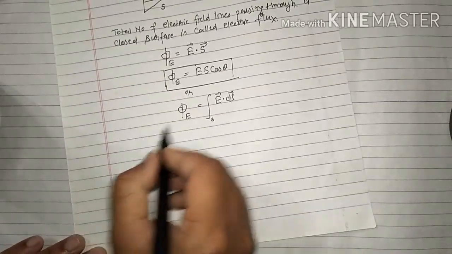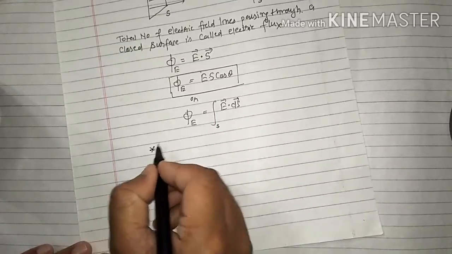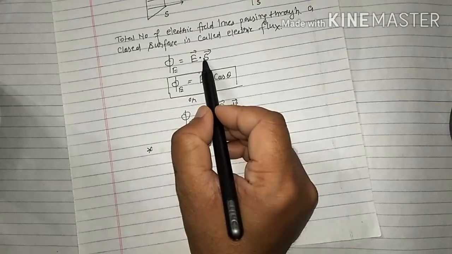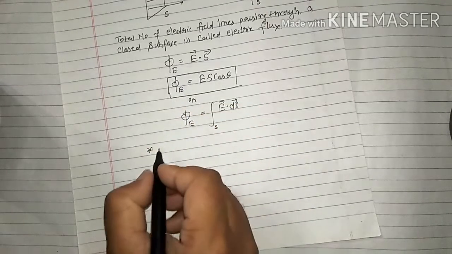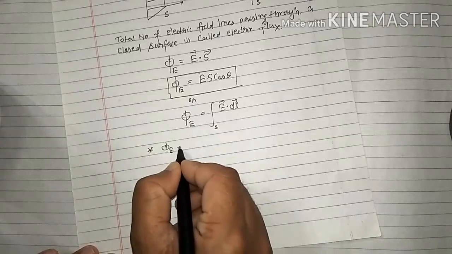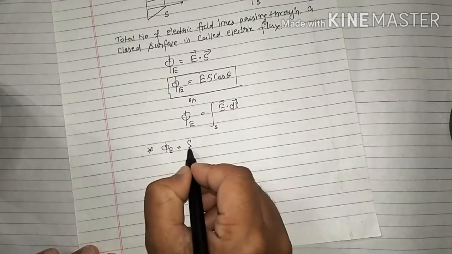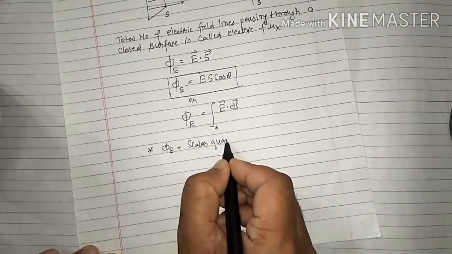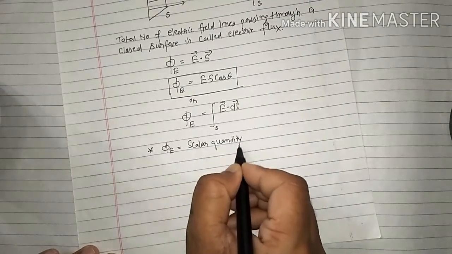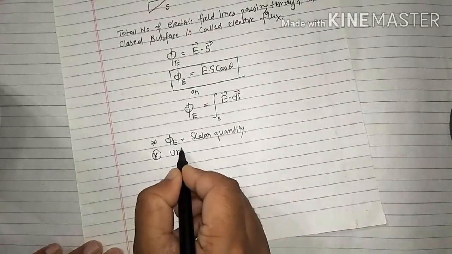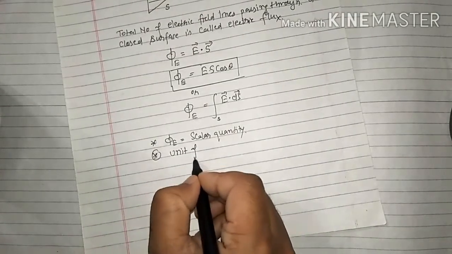Now keep in mind E dot dS, this product is also known as scalar product. So this quantity phi E is also a scalar quantity. And second one, unit of phi.